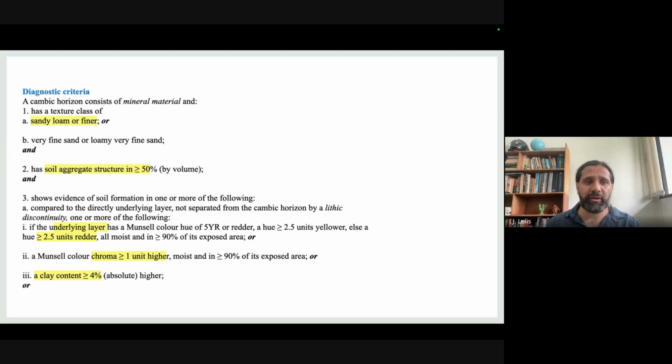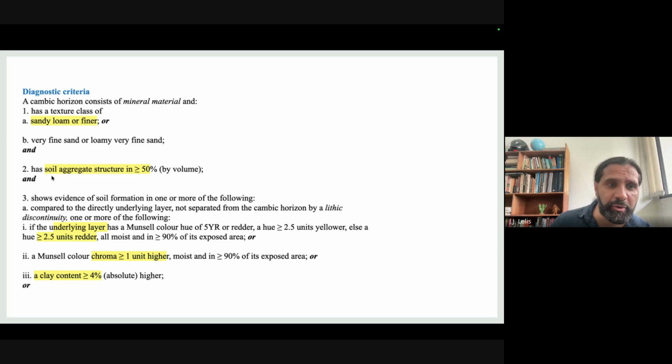So I cannot register a sandy texture in an exception if I don't register a very fine sand fraction. Okay, so I can register basically silty, clayey, loamy textures, but the sandy only if you register very fine sand texture, okay, or loamy very fine sand texture, okay.